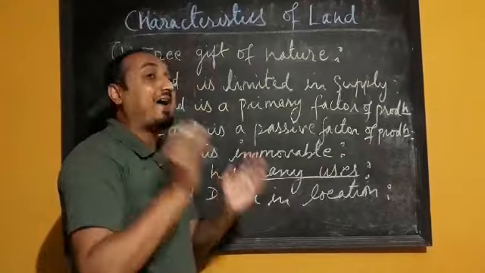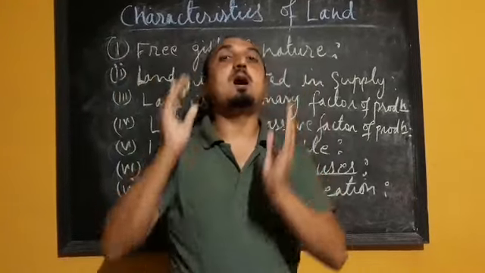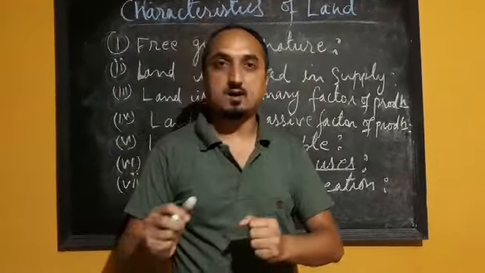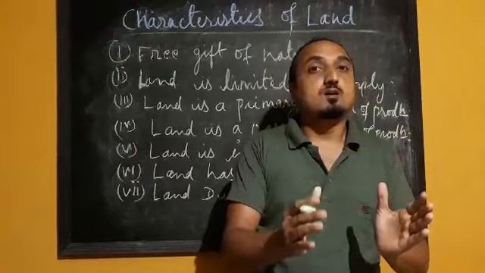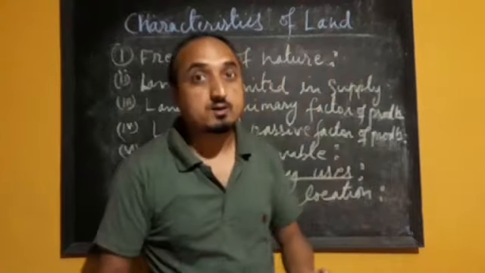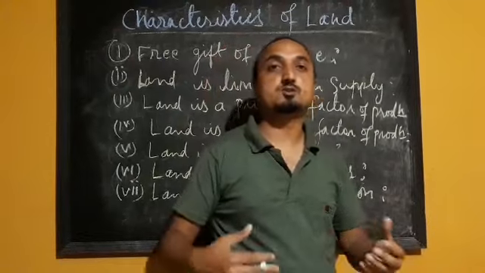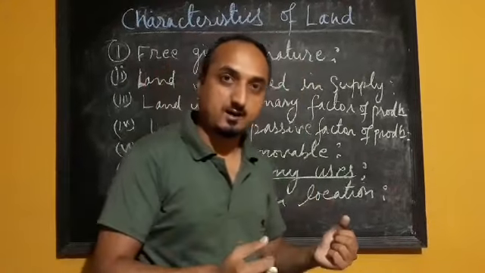That's why the value of land is very high, especially in city areas. Similarly, in river valley areas, land can be more fertile and can be used for agriculture, for the production of various types of agricultural items.